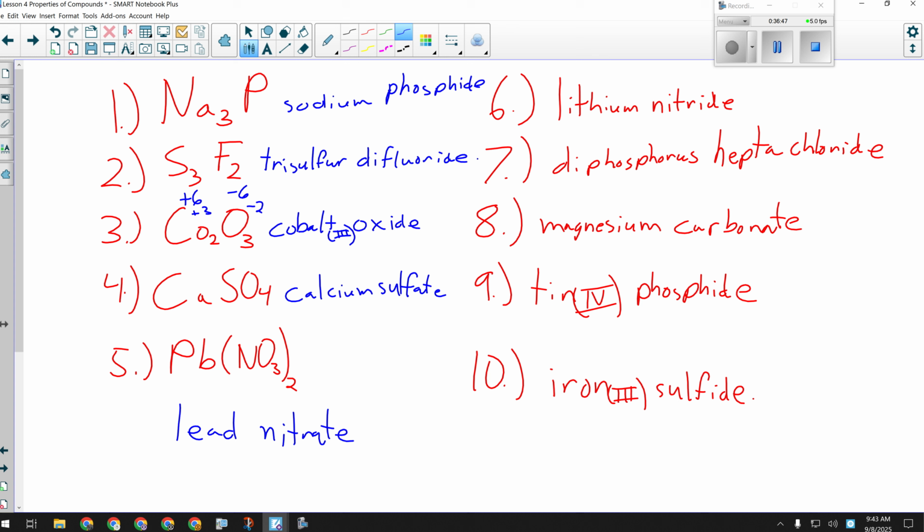Okay, so nitrate, according to my chart, is a -1. How many nitrates are there? 2. All right, so we got 2 negative charges. I've got to get 2 positive charges, and I only have 1 lead to do it with. So that lead has a charge of 2. Lead(II) nitrate.